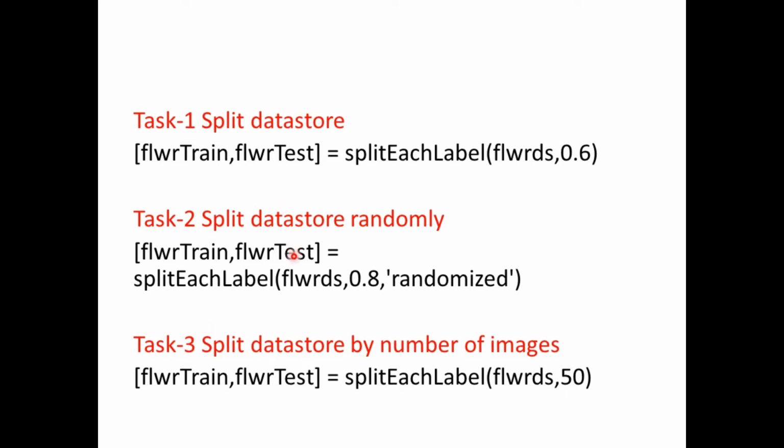If we want to split the data store by the number of images, because not necessarily all categories are equal, say we have roses 100 but lilies only 80 and daisies 70, we have unevenly numbered images, but this should not bias the detection or prediction of the classes.